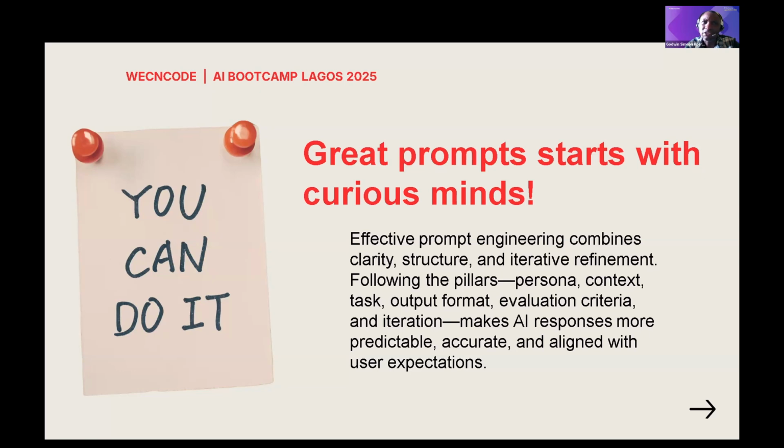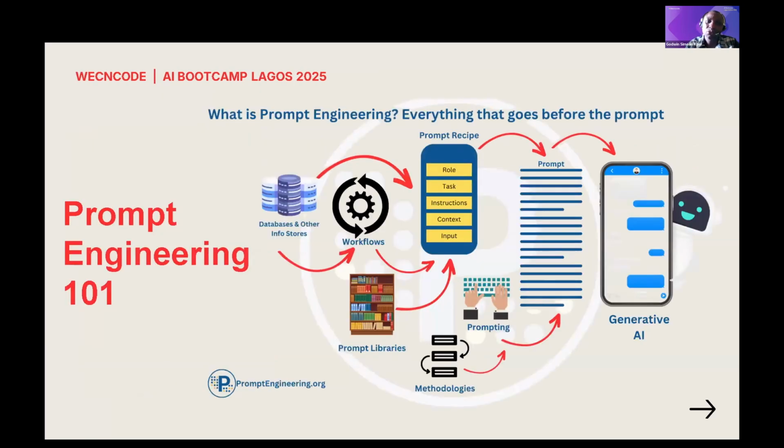So for me, prompt engineering is not something we should take for granted. It's what we need to apply every day of our life. What is prompt engineering? Everything that goes before the prompt. It could be from a database and other info stores.